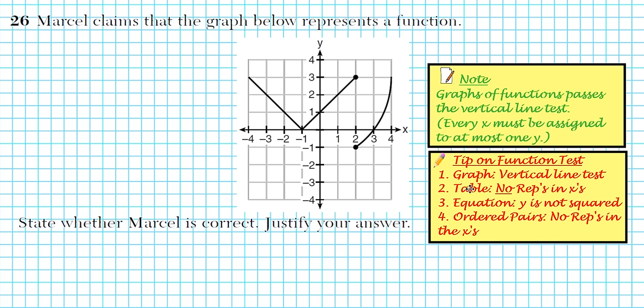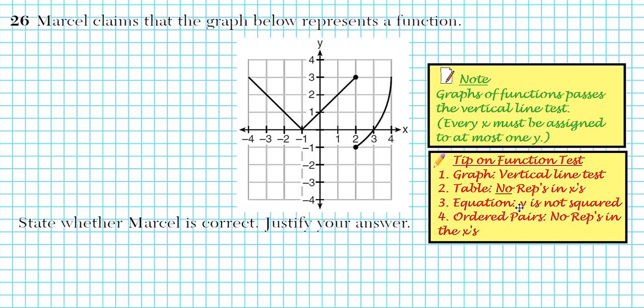Okay? Now, just some tips to keep in mind. How do you know if a relation is a function or not? Well, if you're given a graph like we have here, all you use is the vertical line test, okay? It must not intersect more than once. If you're given a table, focus on the x's. There should be no repetition in the x's.